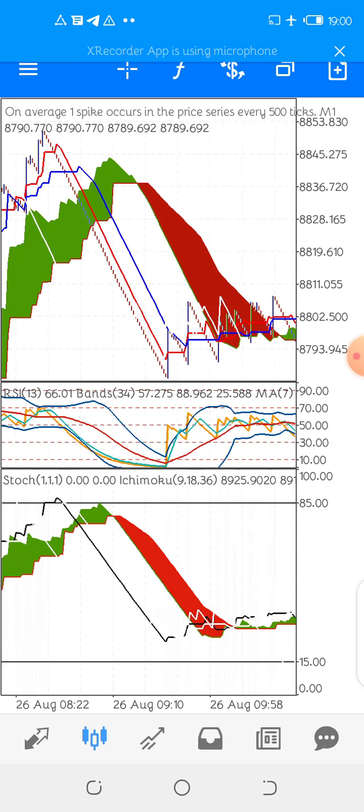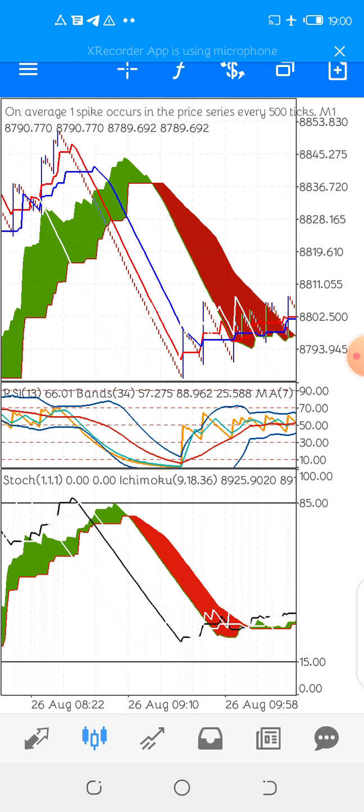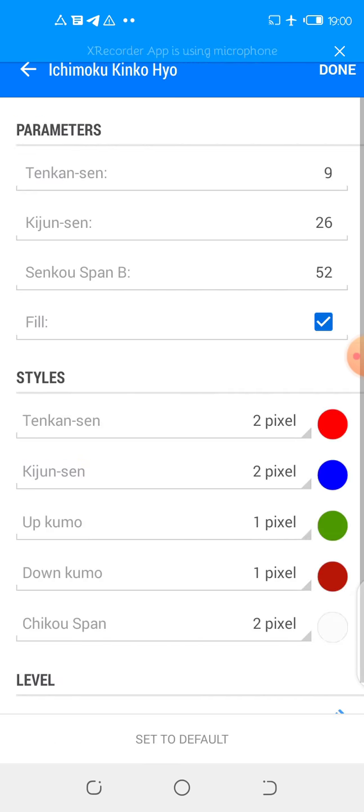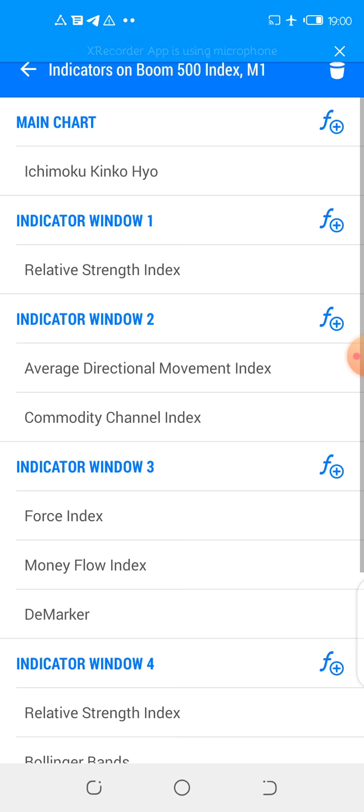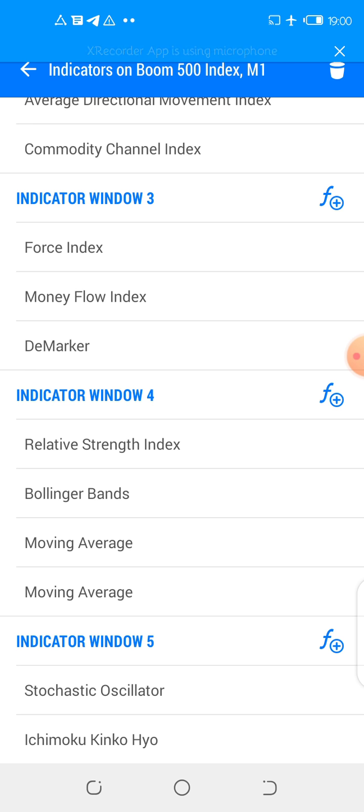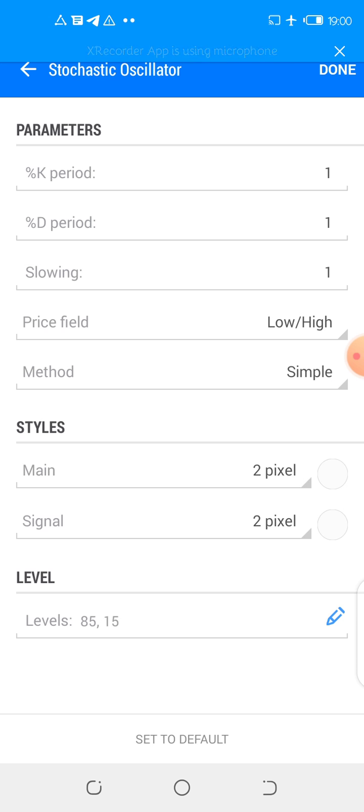So how do we use this strategy? The Ichimoku setting is the default, 9, 26, 52. Then the other Ichimoku window is here. I've placed Ichimoku on a stochastic oscillator window.